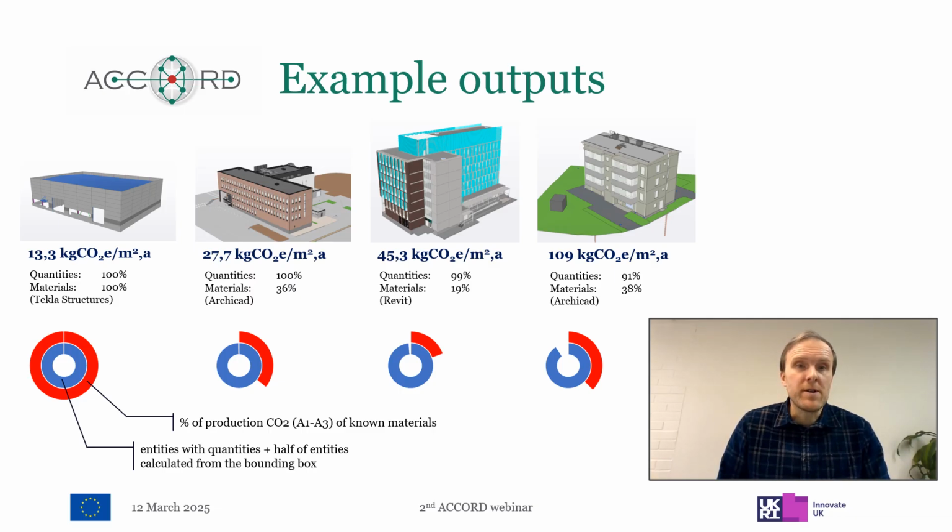The blue part is the percentage of entities with known quantities, plus half of those where the volumes were calculated from the bounding boxes. You can see that the most problematic model is the one on the right. Even a small number of entities without proper geometry declaration caused a very large overestimation of the carbon footprint. Such a model would most certainly not pass the limit.